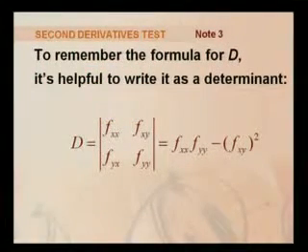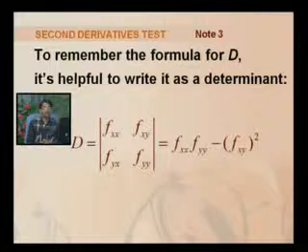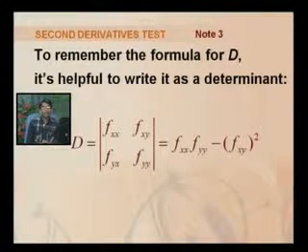And how to remember this formula? As I told you, this is a very important formula for the local maximum and minimum values. To remember the formula for D, it is helpful to write it as a determinant. We are all well aware of the 2 by 2 determinant.